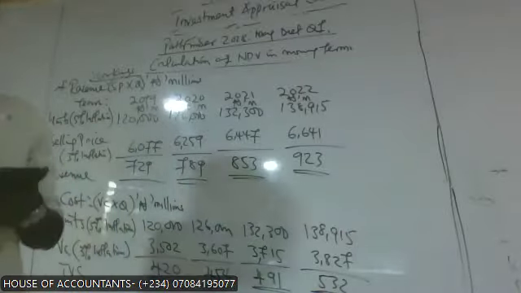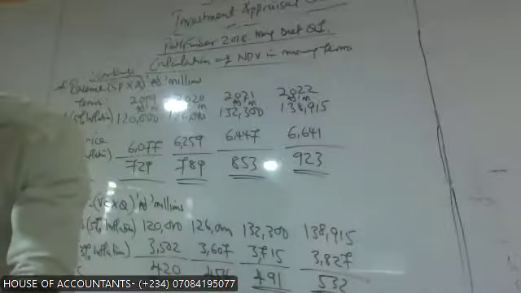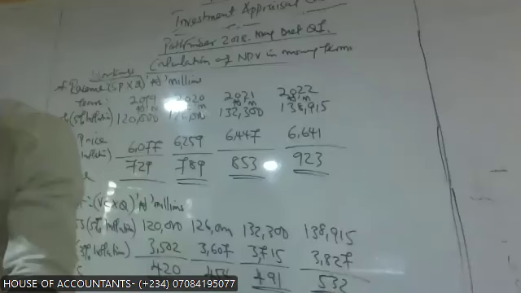Looking at the relevant direct labor and material costs, incremental fixed costs are expected to be 60 million per annum.